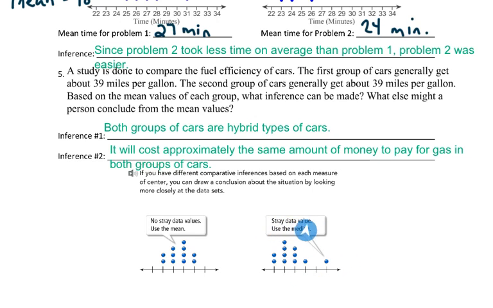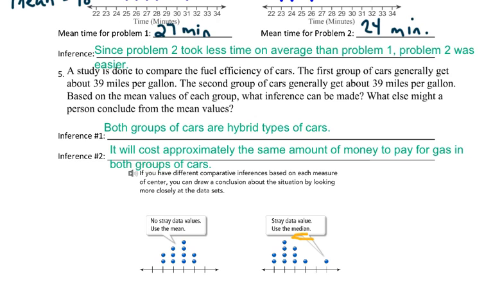We call that a stray data value. And when we have numbers that are also called outliers, we want to use the median value to make comparisons, because that outlier or that stray data value really changes the mean value.